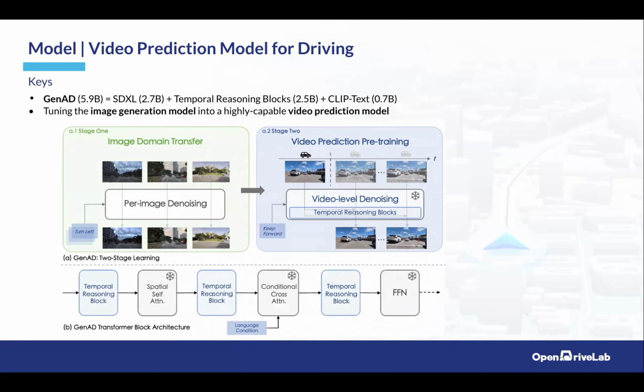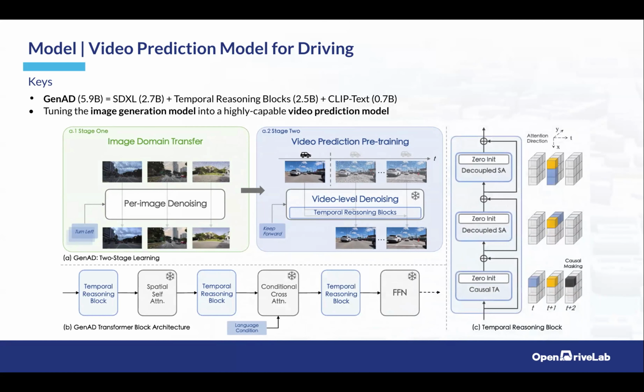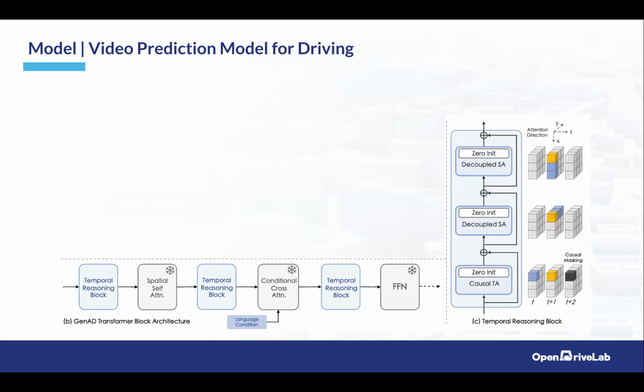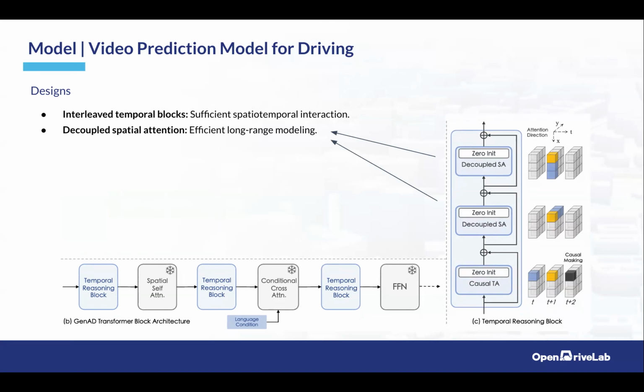Specifically, we add some core designs to make it generate very high-fidelity videos. First, we integrate temporal blocks between the spatial attention layers for sufficient spatial-temporal interaction. In the attention layers, we design a decoupled spatial attention to efficiently model long-range dependencies along the x-axis and y-axis of the image.